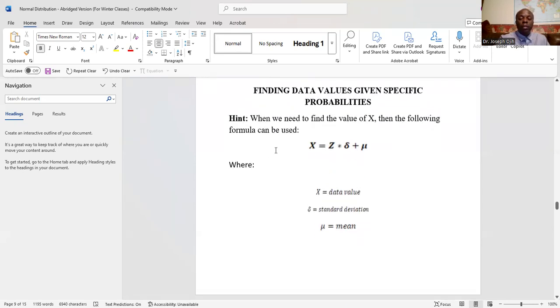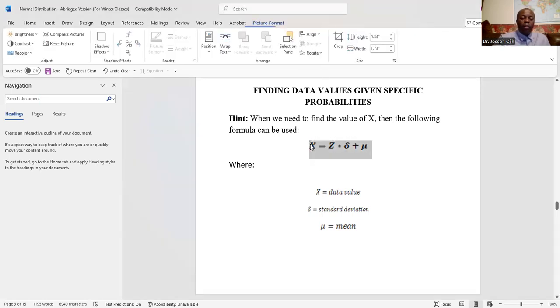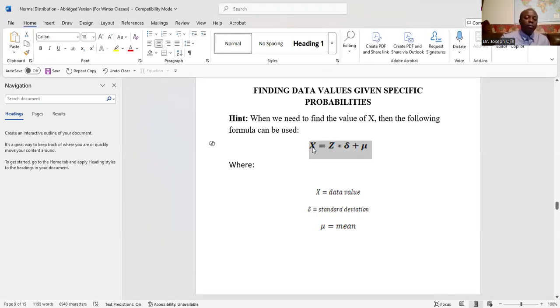We use this formula: X equals Z times standard deviation plus the mean, where X represents the data value, sigma represents the standard deviation, and mu represents the mean. Let me copy the formula, and we'll solve some examples.